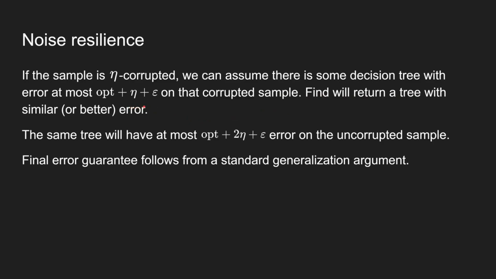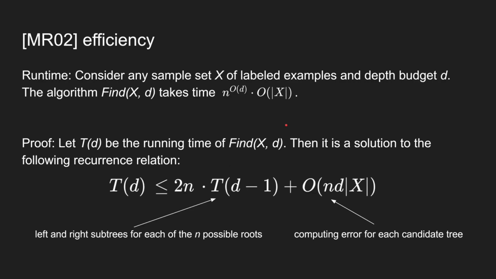Then this tree must have error at most opt plus 2 eta plus epsilon on the uncorrupted sample, which is the guarantee that we want to give. And then the final error guarantee follows from a standard generalization argument. And we also know that this find algorithm runs in time n to the O of d. This is by solving the recurrence relation.